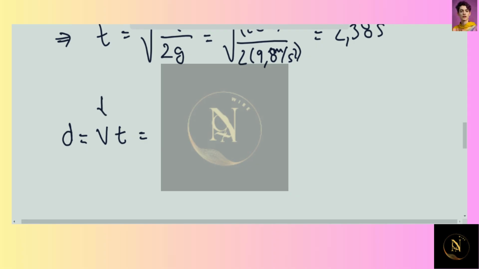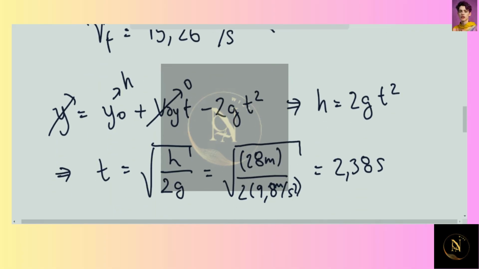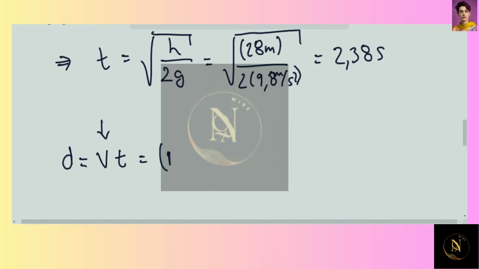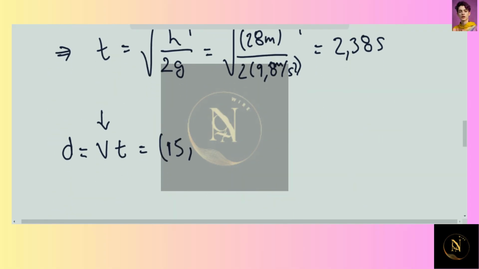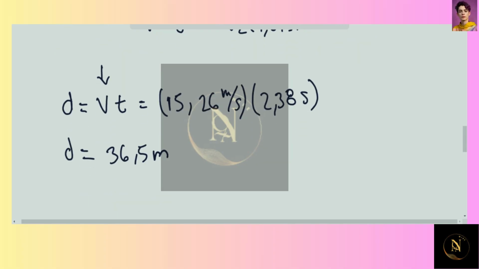We know this velocity because we just determined it from conservation of energy, so it will be 15.26 meters per second times that time, which is 2.38 seconds. And this gives us a value of 36.5 meters. And this is our final result for this exercise, that the distance d from the cliff is 36.5 meters.